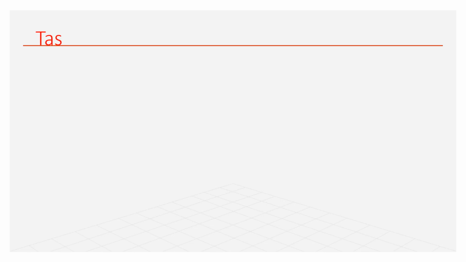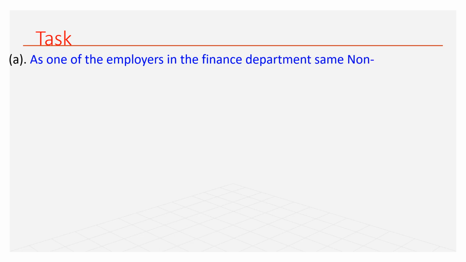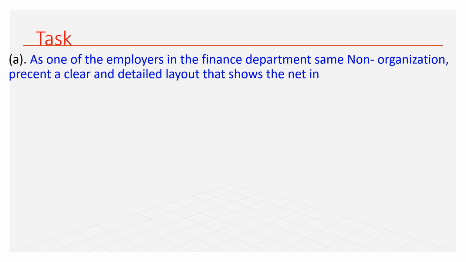So now let's get into the task. As one of the employees in the finance department in the same organization, present a clear and detailed layout that shows the net income Musa receives at the end of the month.